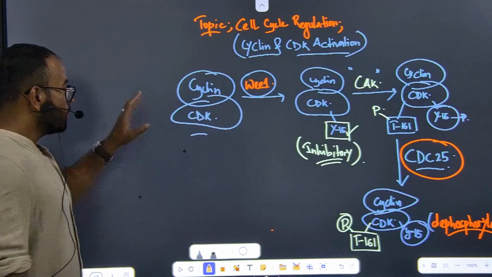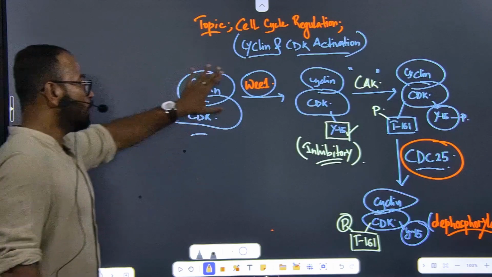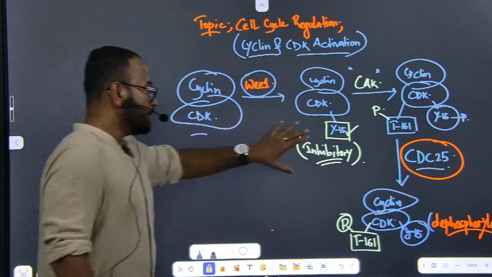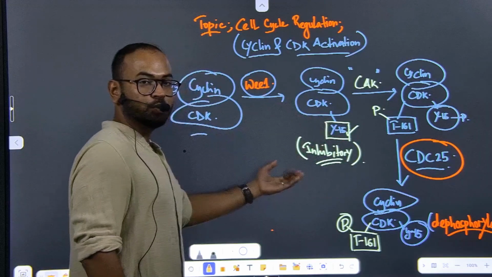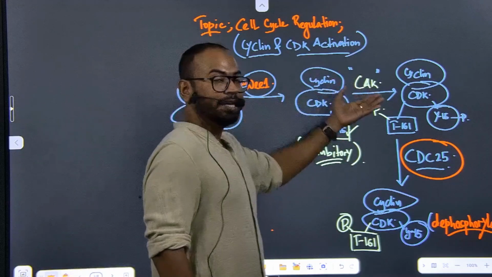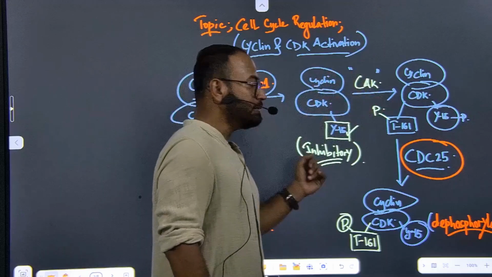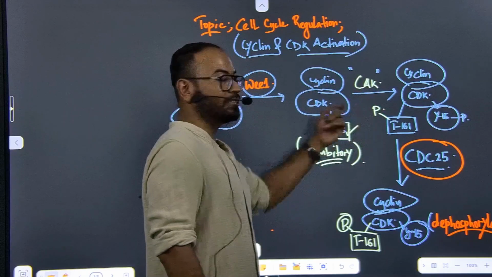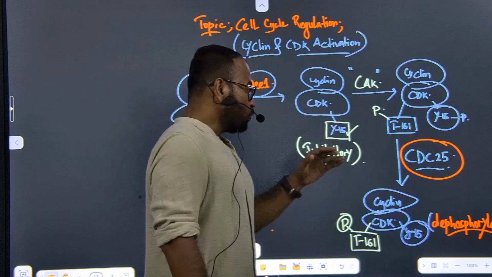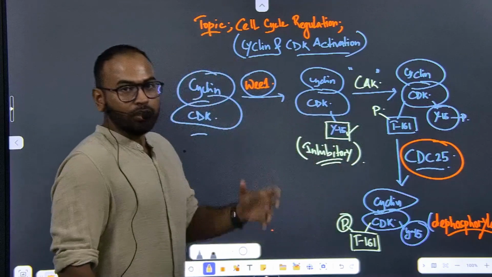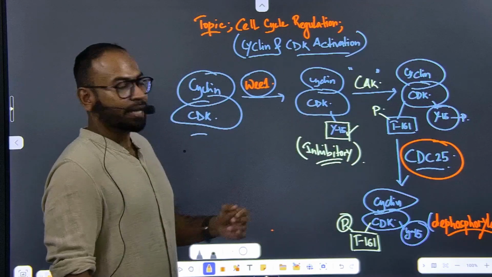So, Cyclin-CDK V1 comes into action. It phosphorylates the tyrosine 15, which is an inhibitory approach. Then comes CAK, which phosphorylates CDK at threonine 161, which is kind of activating the entire mechanism.